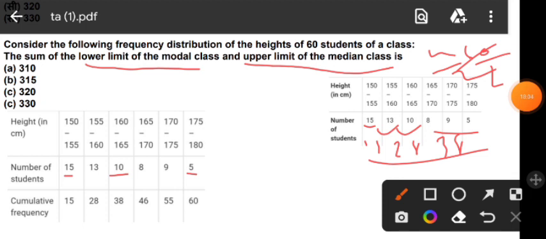So 30, and the cumulative frequency larger than 30 is 38. So it is the median class.